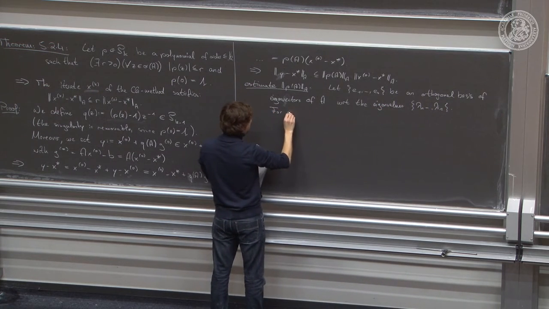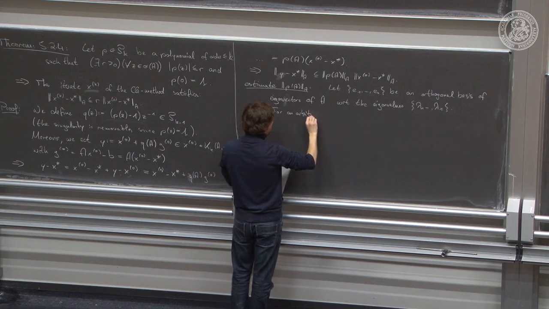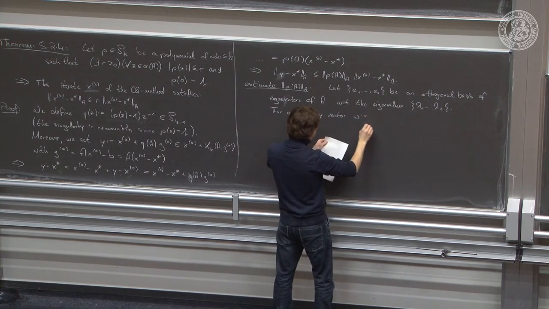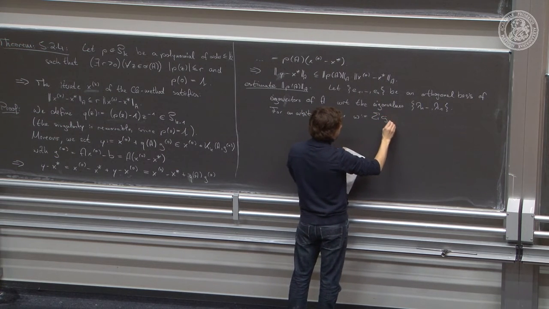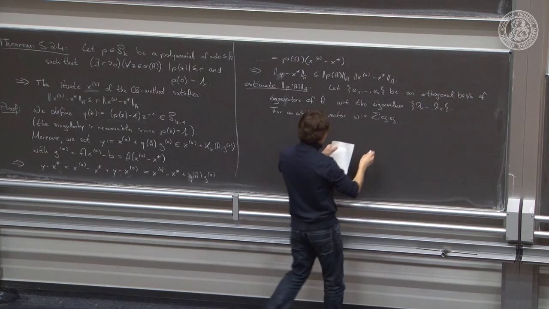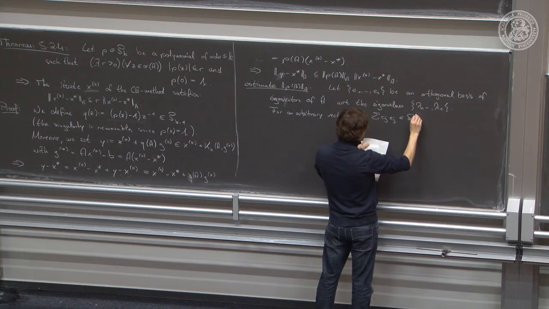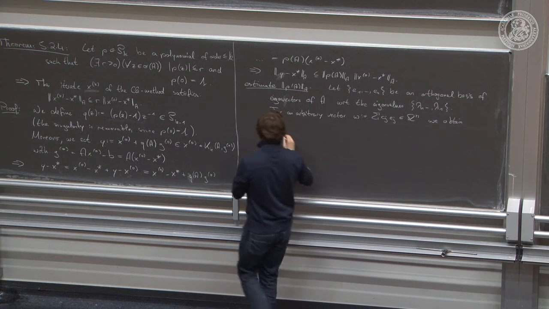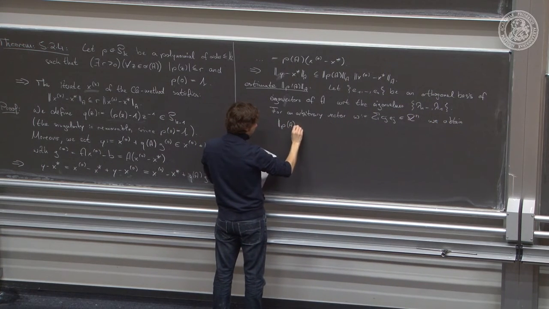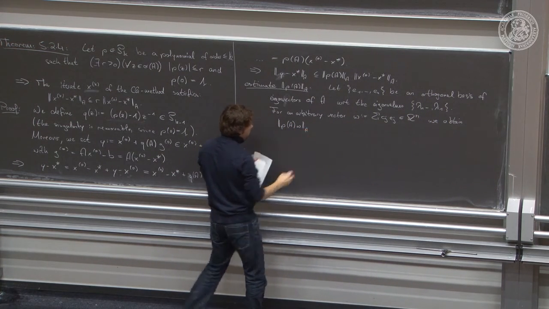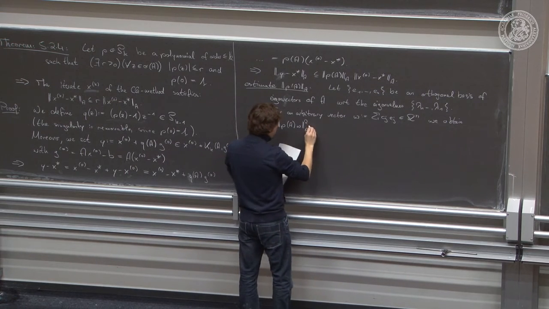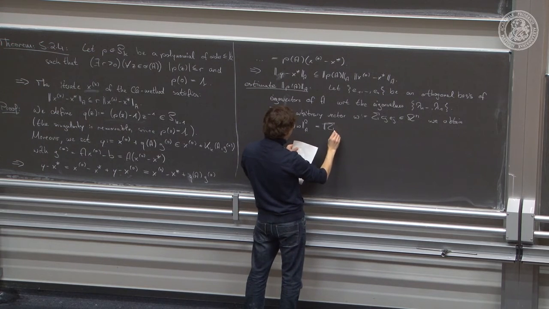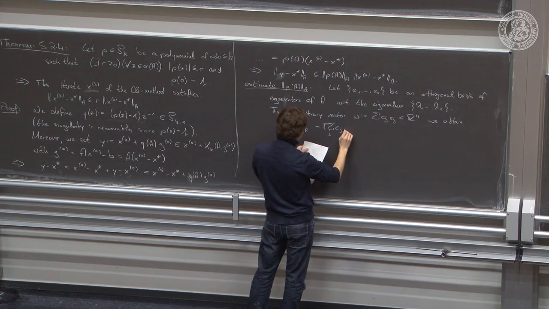For an arbitrary vector w, which then can be represented by a linear combination of these eigenvectors belonging to R^n, we obtain that this polynomial of A applied on w can be estimated in the energy norm as follows.